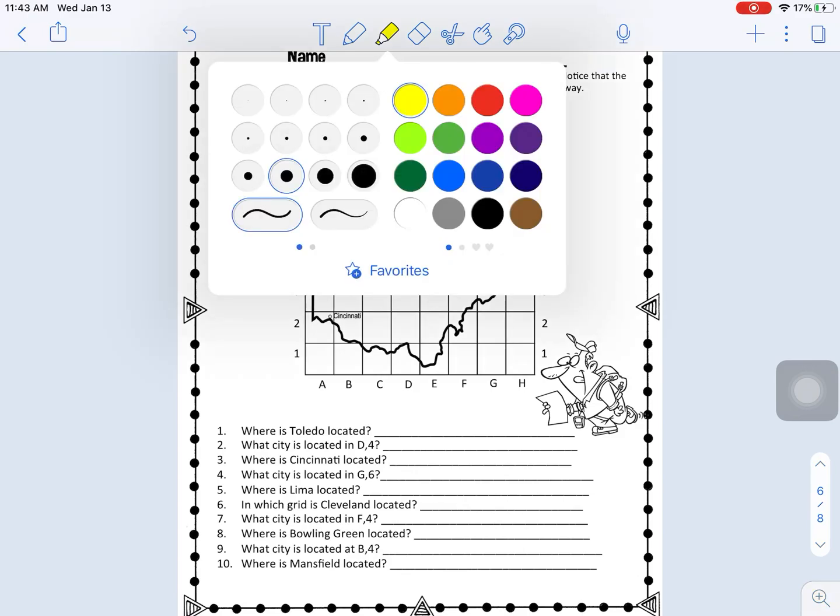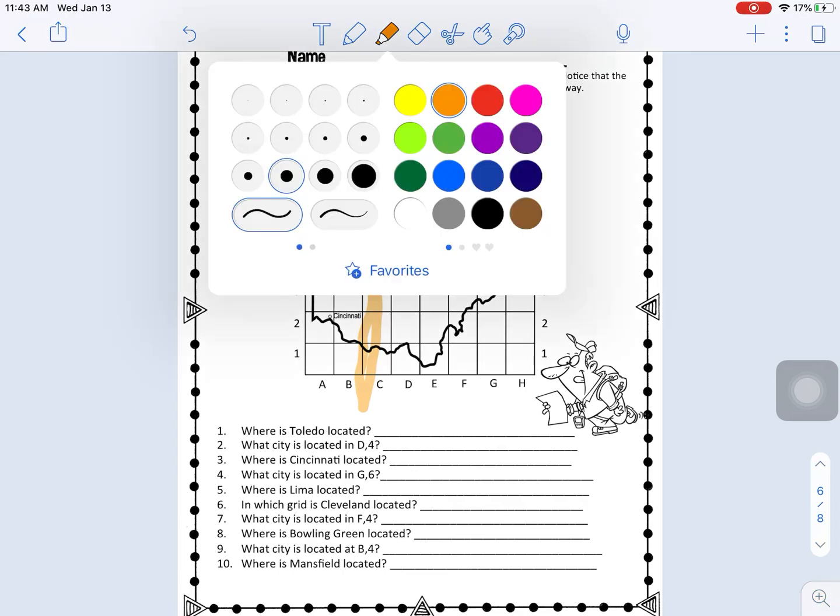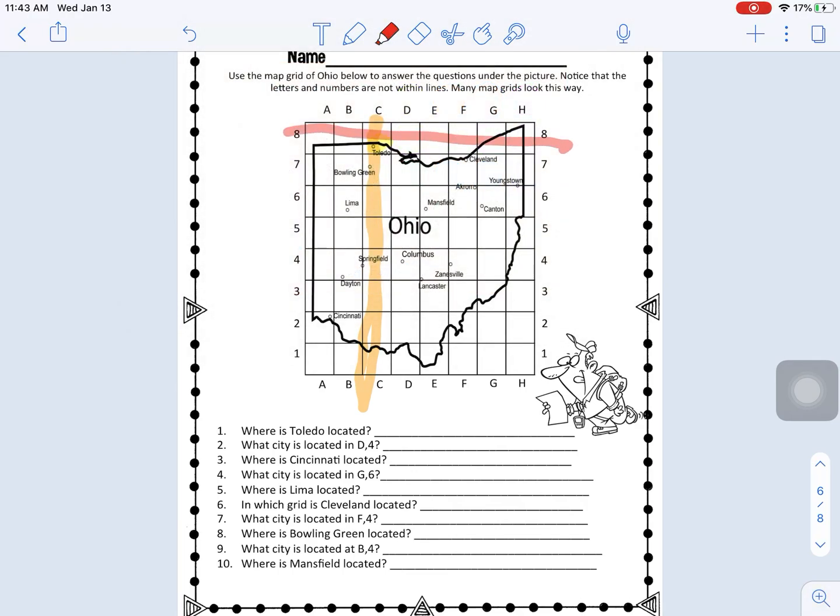If I go up and down because it's C, I know it's in C, and then it's also in 8, I'm going to go all the way across 8. That is where they meet in the middle, so my correct answer would be C, comma, 8. All right, let's do one more together.